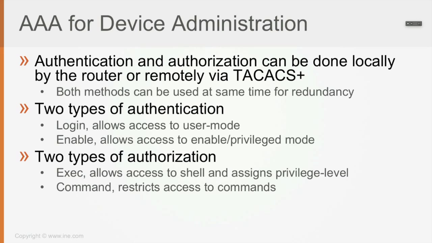So let's suppose I'm going to do it remotely. It means that once the user passes the authentication successfully, let's say the login authentication, then the TACACS server is going to grant the user access to exec mode. That's exec authorization, which just allows the user access to the shell of the device, and also assigns the user a privilege level.